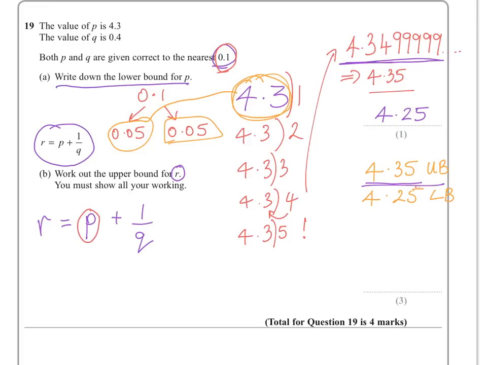Okay, because R is to do with P plus something else, which we'll come to in a minute. So we want P to be its upper bound. So let's have a look. P, its upper bound, well, that's 4.35. So the R maximum that we've got, that we want for the question, is going to be definitely 4.35.